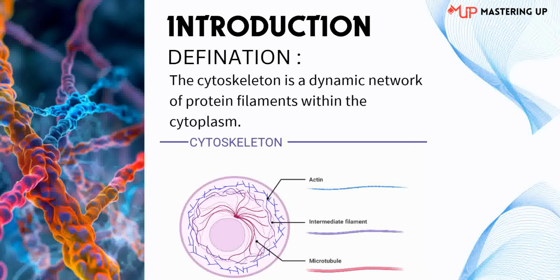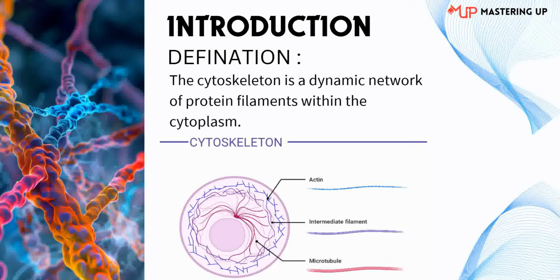In plant cells, the cytoskeleton plays a critical role in maintaining cell shape, supporting intracellular transport, organizing organelles, and driving processes like cell division. Without the cytoskeleton, the internal structure of plant cells would collapse, and essential functions like movement of vesicles or positioning of chloroplasts wouldn't occur.